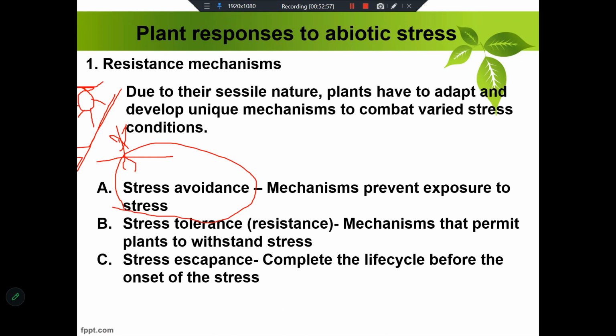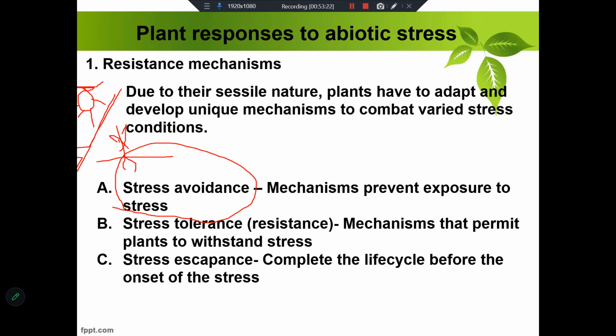They know that in another 5 months or 10 months, there will be a drought period. That is how nature works. They complete their life cycle before the onset of that stress, and then there won't be a plant when there is a drought period. So that is what we call stress escapance.